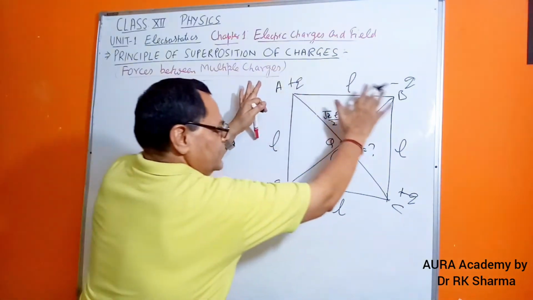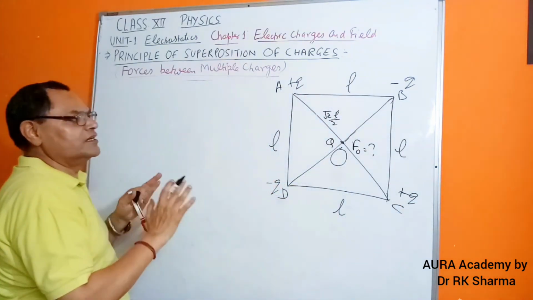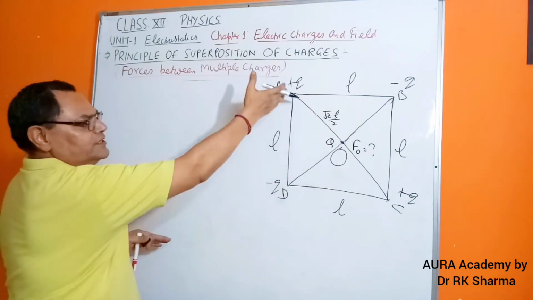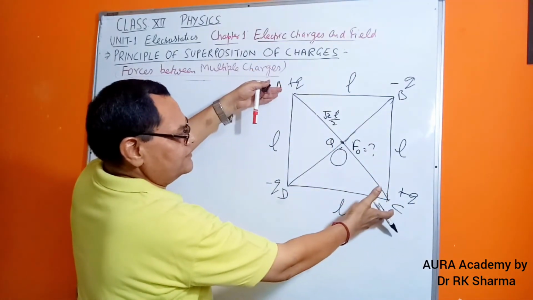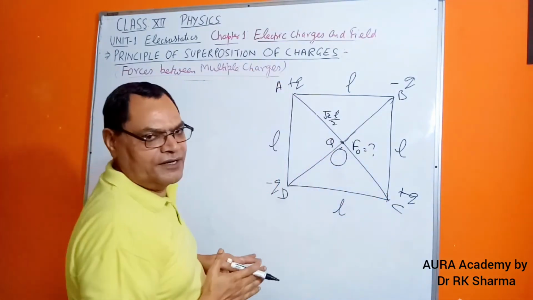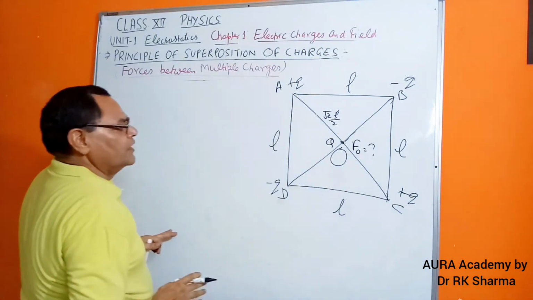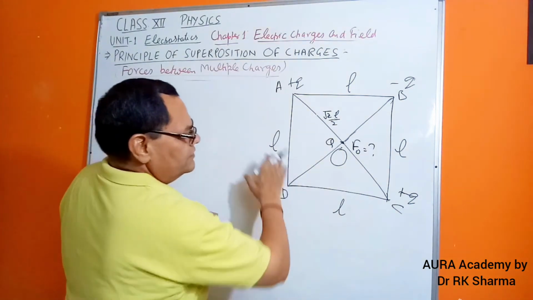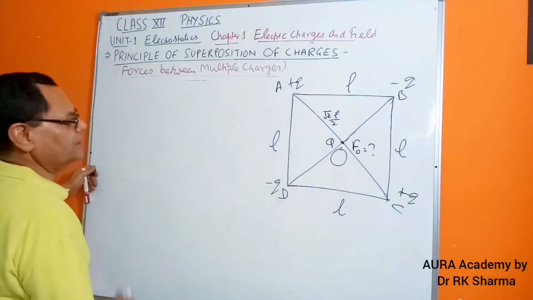Because I am explaining in general, the numerical value may also be given. Suppose this is 30, then it will be 15, for example. So we can find it, not an issue at all.